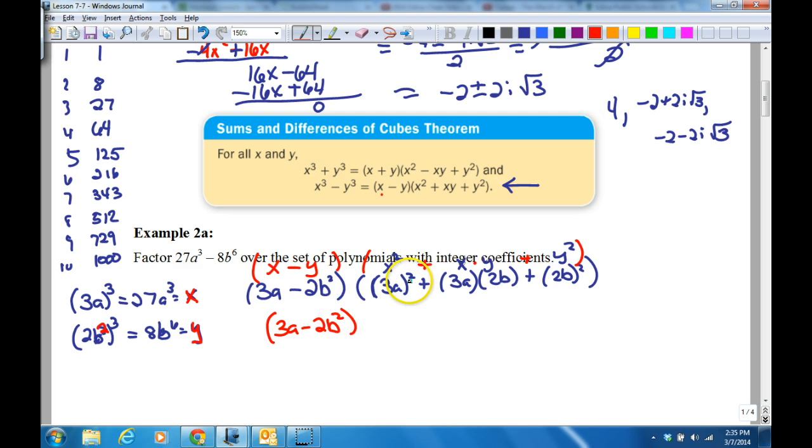But what is 3a to the 2nd? 9a squared. What is 3a times 2b? What's 3 times 2? 6ab. And what's 2b to the 2nd? Oh, you're right. That should be a b squared right there, and this should be a b squared here. So this will be 4b to the 4th.